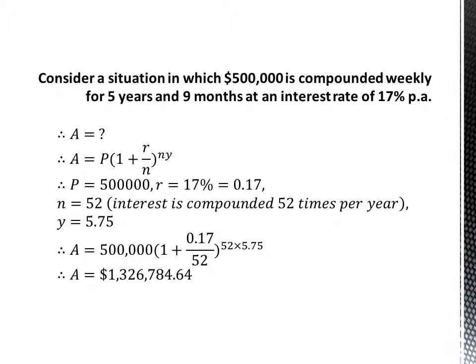Therefore, when these values are substituted into the formula, we have 500,000 in brackets 1 plus 0.17 over 52 to the power of 52 times 5.75, and this equates to $1,326,784.64.